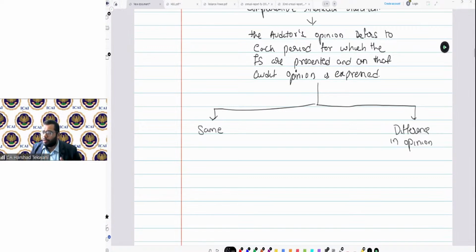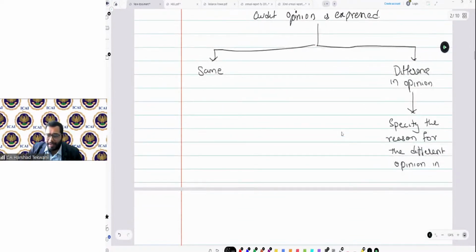If my opinion differs from the opinion which was issued previously on the comparative financial statement, then I need to specify the reason for the different opinion in the other matter paragraph.